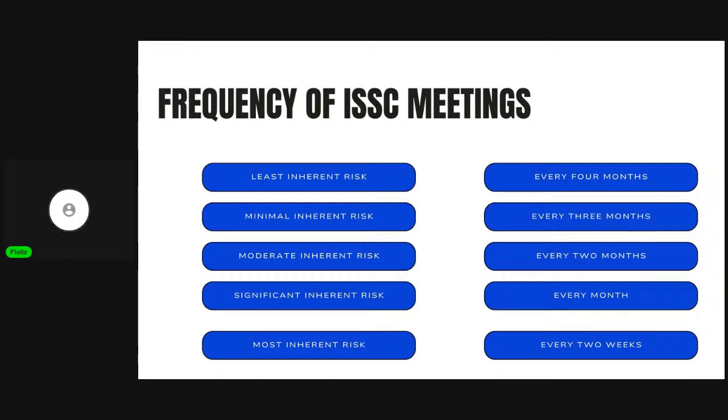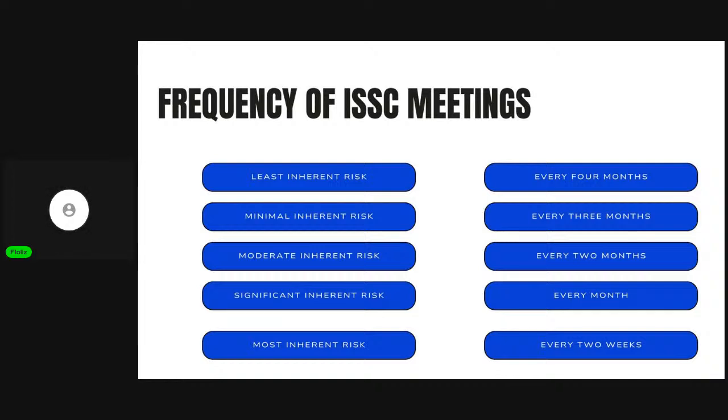So some institutions are classified as least, some are classified as minimal, some are classified as moderate, some are classified as significant, some are classified as most inherent, depending on what you've adopted in terms of technology and the number of employees you have, the number of POS terminals you have, the number of internet service providers you make use of. So all these indicators classified you either as a least inherent or most inherent risk institution.